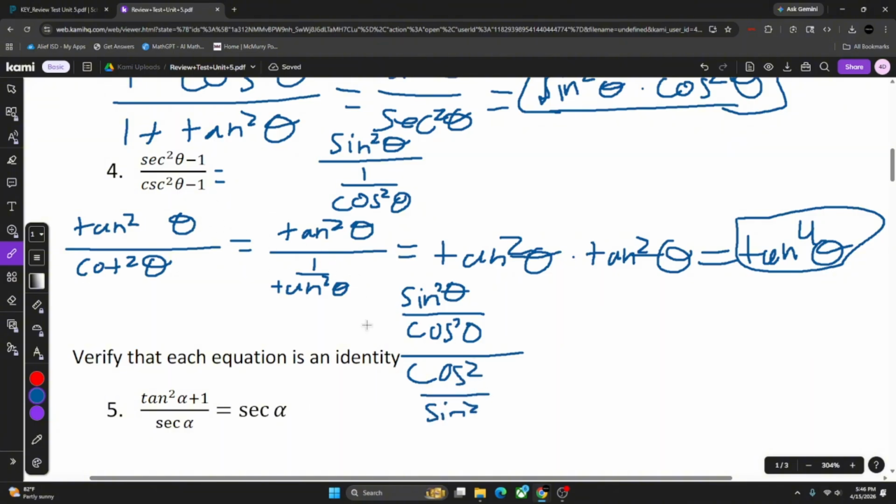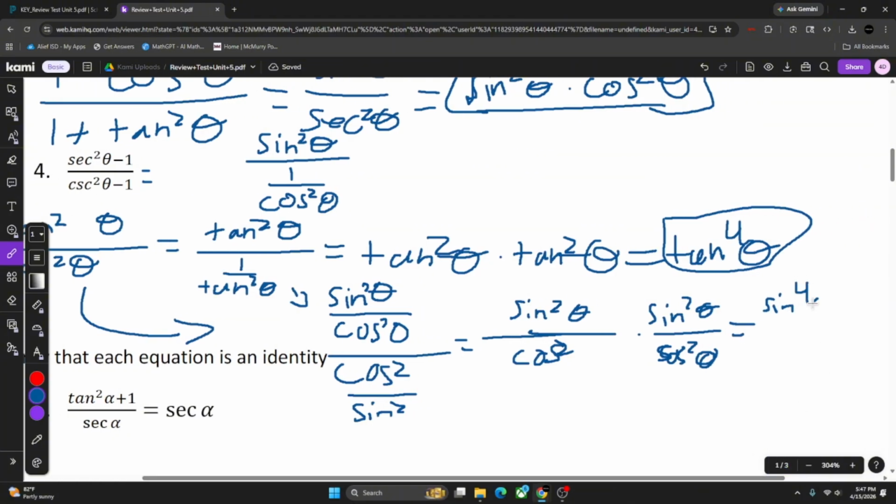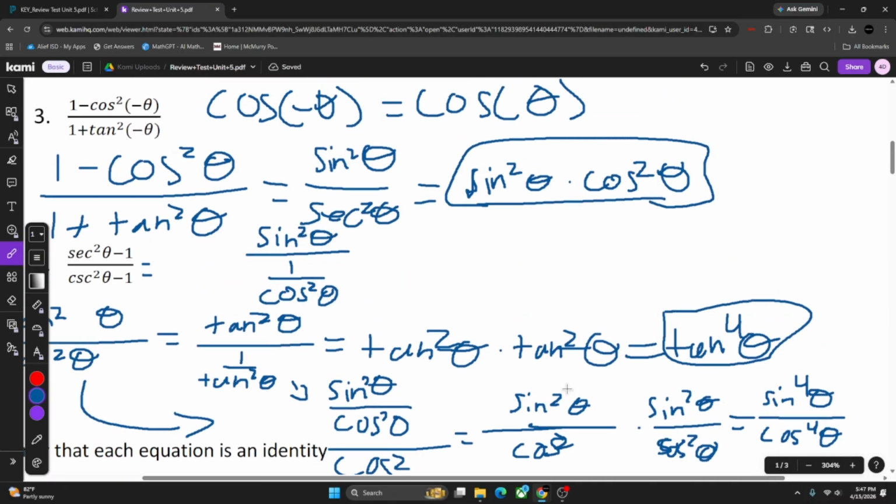So that's basically equal to this. Oh wait, no, this. It's kind of confusing, but it equals just sine and cosine times cosine. So that's the answer.